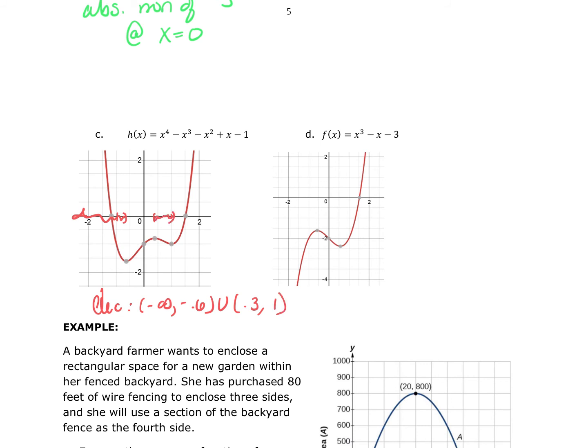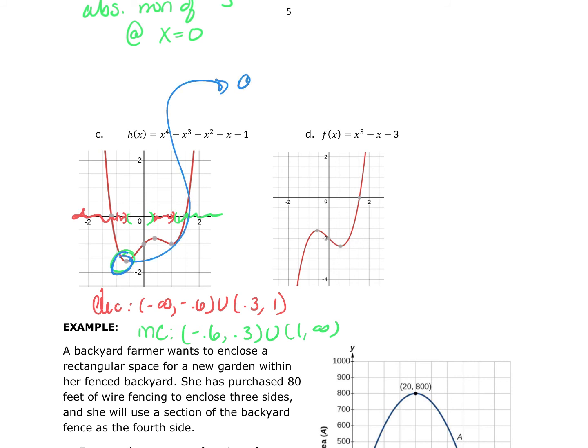So there's my decreasing. I am increasing in this region. So I can just look at my endpoints, and I have from -0.6 to 0.3. And then I start here and increase again. So from 1 to infinity. Right here is the lowest point. So let me do that in blue.